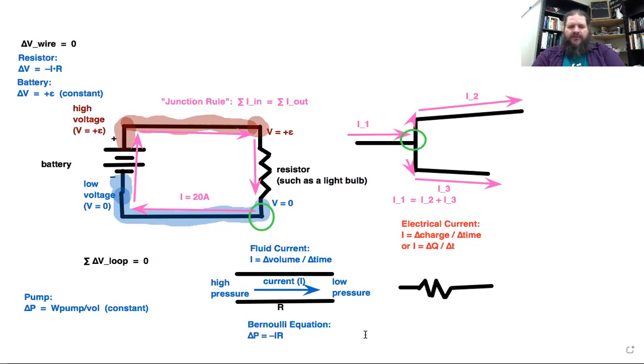So a very similar concept, but it's going to have different units of measurement. And what has to be happening here to make current flow through the resistor? What difference has to exist? Change in voltage. You got to have a high voltage at one side and a low voltage at the other side.